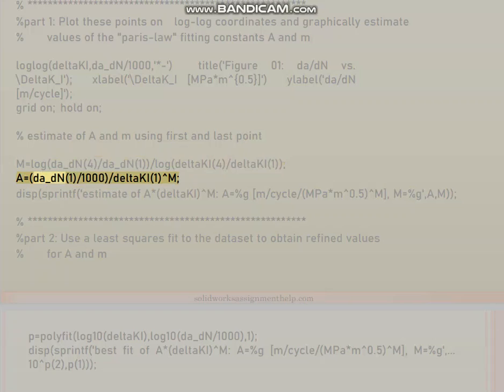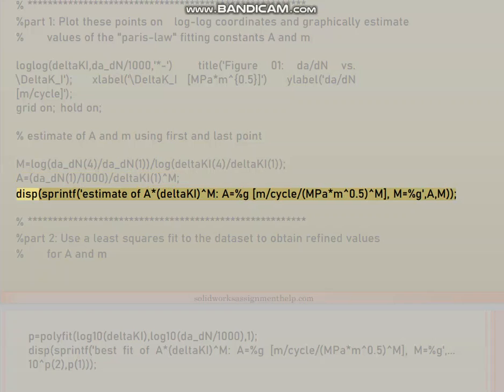A equals da_dn 1 over 1000, divided by delta Ki 1 to the m. Display: estimate of A times delta Ki to the m, A equals %g m/cycle per MPa m^0.5, m equals %g.